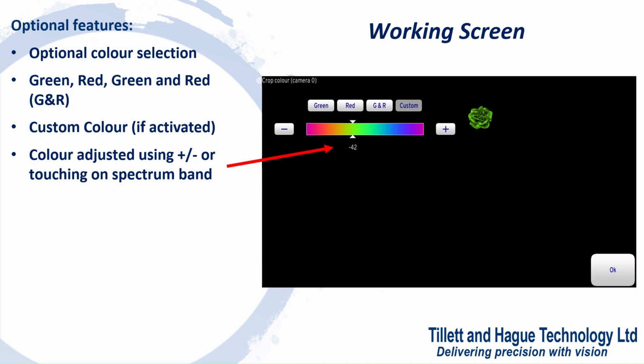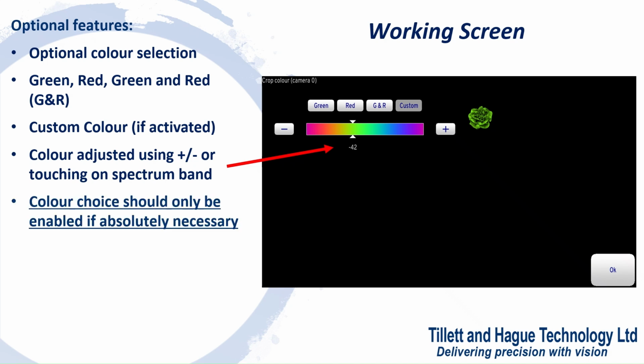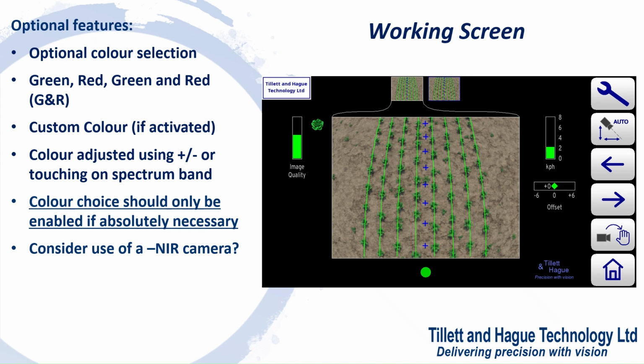But it must be reiterated that custom colour should only be used if absolutely necessary, as the system can become much more sensitive when in the custom colour mode. It may be worth considering use of a near-infrared camera instead, as it reduces the requirement for operator fine adjustment of custom colour, and the camera is also recognised by the system.